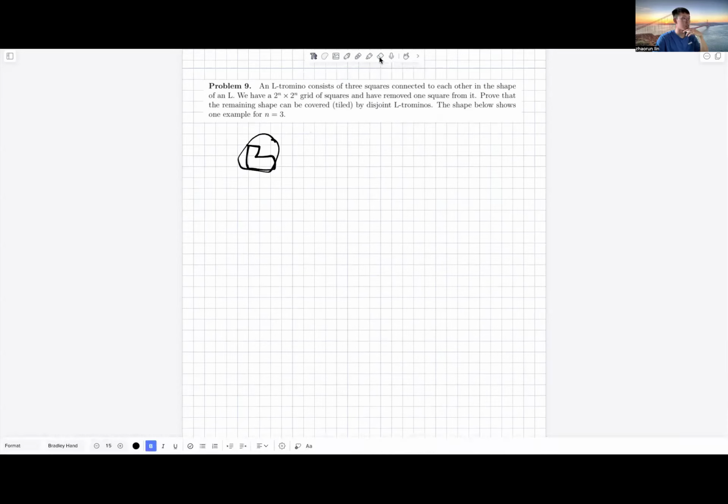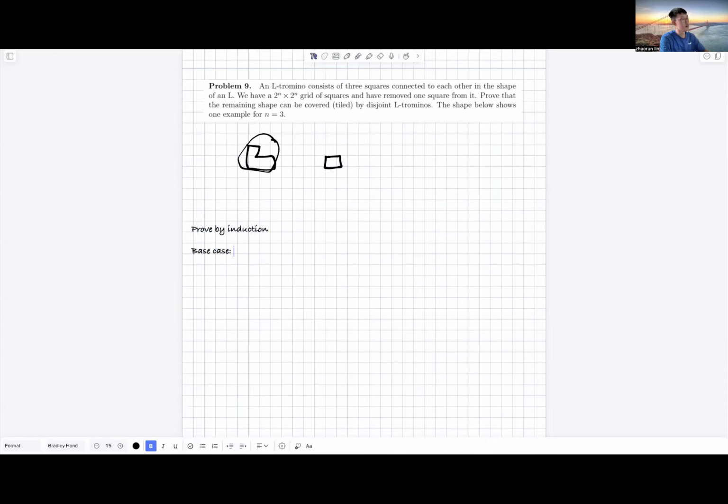So let's consider the base case. The base case is when n equals 0, it is a 1 times 1 grid, so of course it cannot be covered. So the base case is when n equals 1. We prove this by induction.